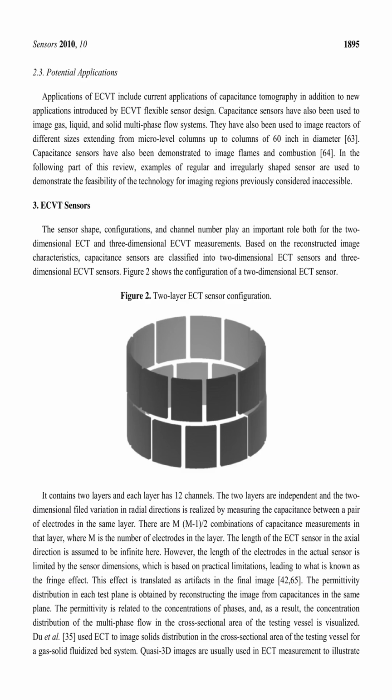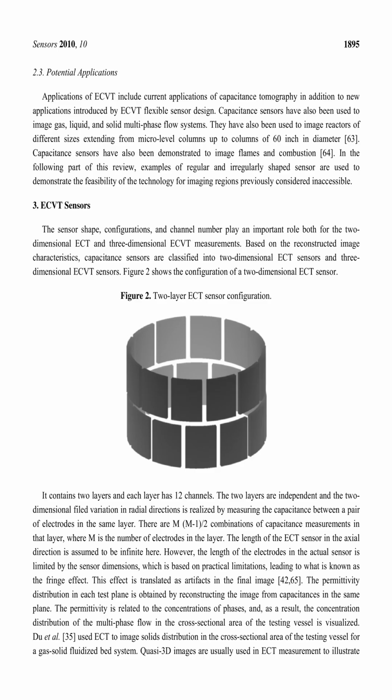Potential applications. Applications of ECVT include current applications of capacitance tomography, in addition to new applications introduced by ECVT flexible sensor design. Capacitance sensors have also been used to image gas, liquid, and solid multi-phase flow systems.